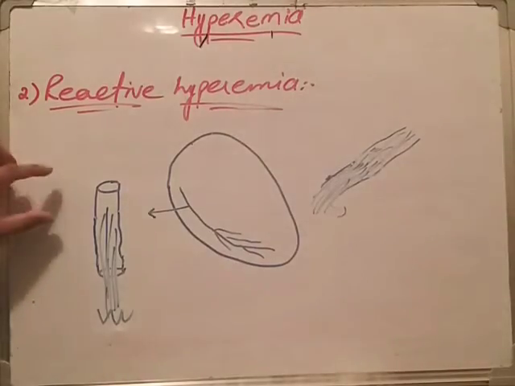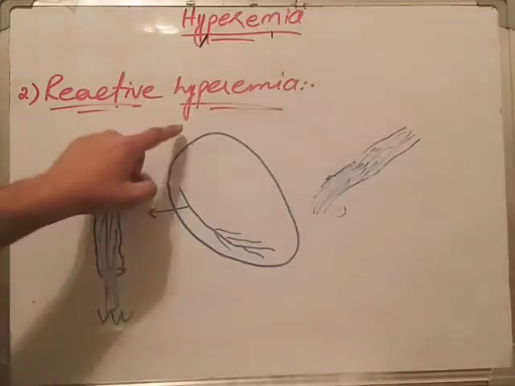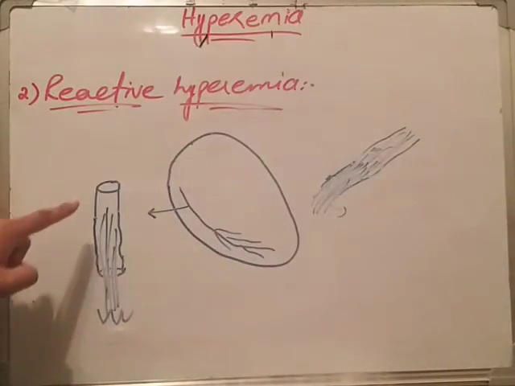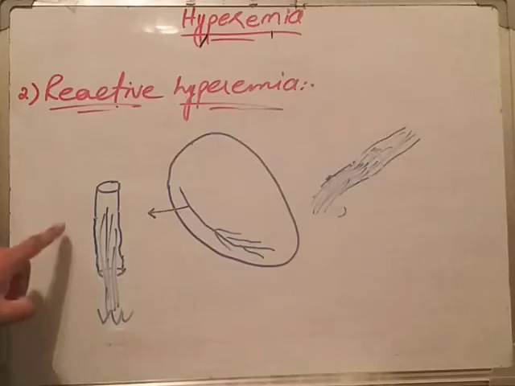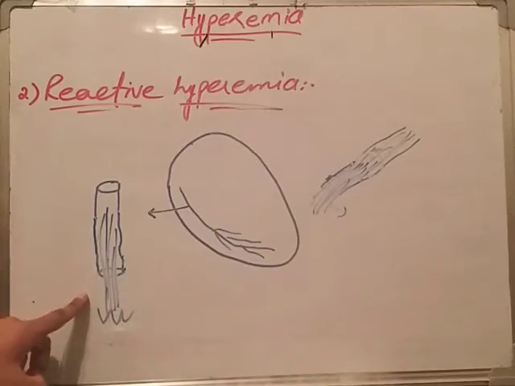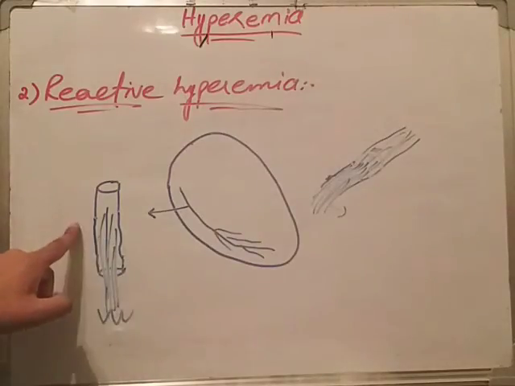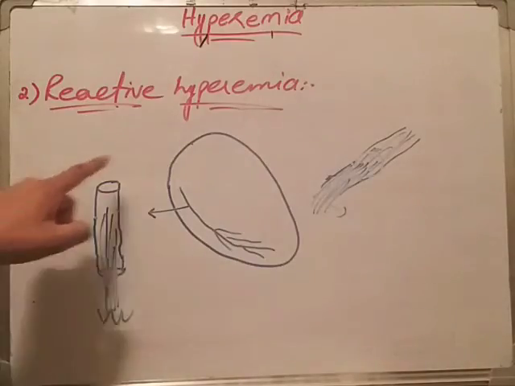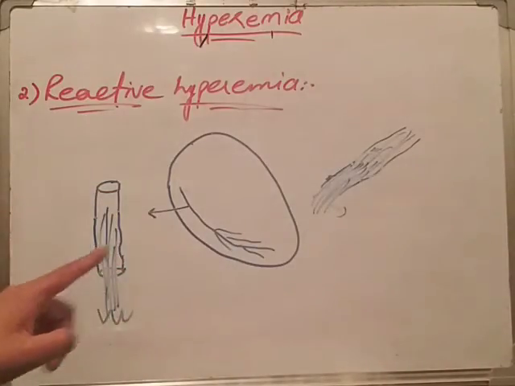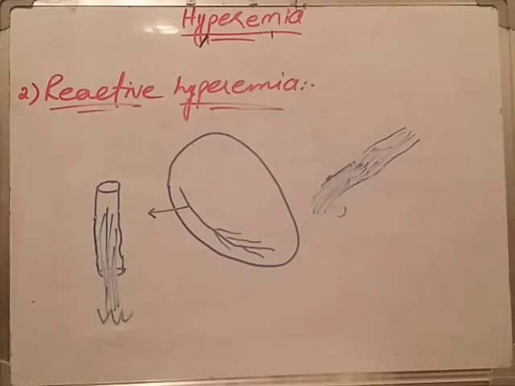So this is called reactive hyperemia. It means a transient rapid flow of blood after any obstruction, after arterial occlusion, after vasospasm, to that particular region. That is what we call reactive hyperemia. Understand? So this is about reactive hyperemia.